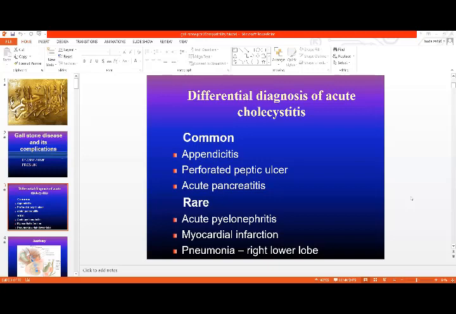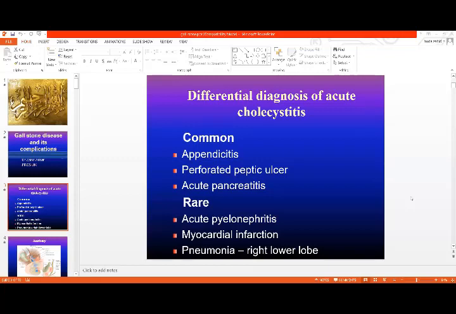Now, similarly, the differential diagnosis of acute cholecystitis could be perforated peptic ulcer, acute pancreatitis, or appendicitis. If you concentrate just on the gallbladder, acute cholecystitis means the patient has right hypochondrial pain and a positive Murphy's sign.